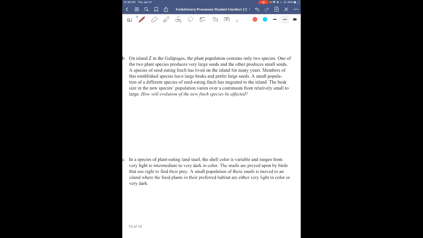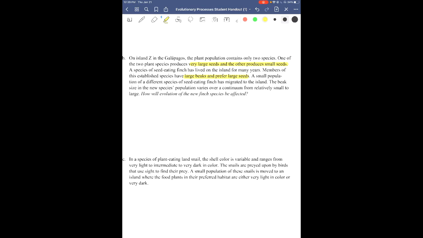All right, so back to the Galapagos problem. One of the two plant species produces very large seeds, and the other produces small seeds. A species of seed-eating finch has lived on the island for many years. Members of this established species have large beaks and prefer large seeds.